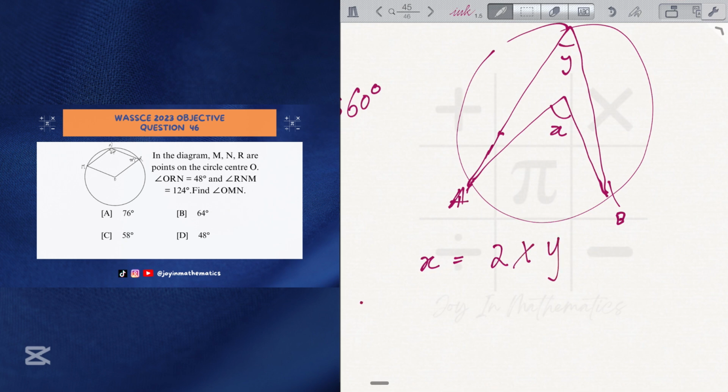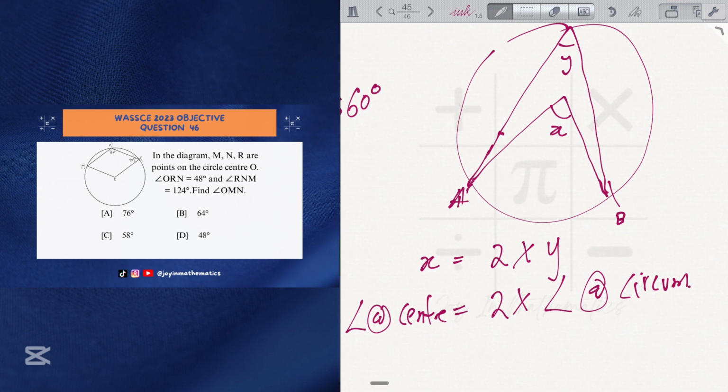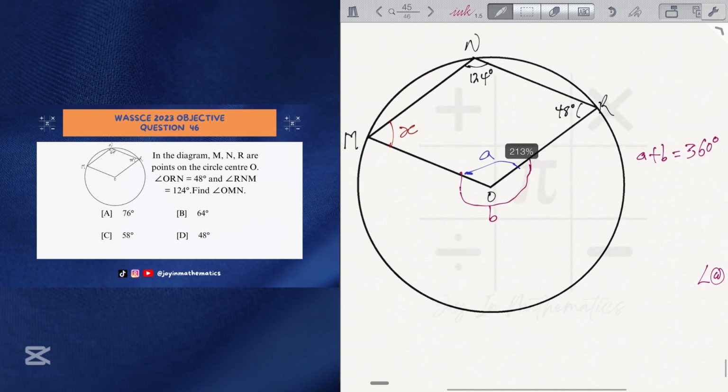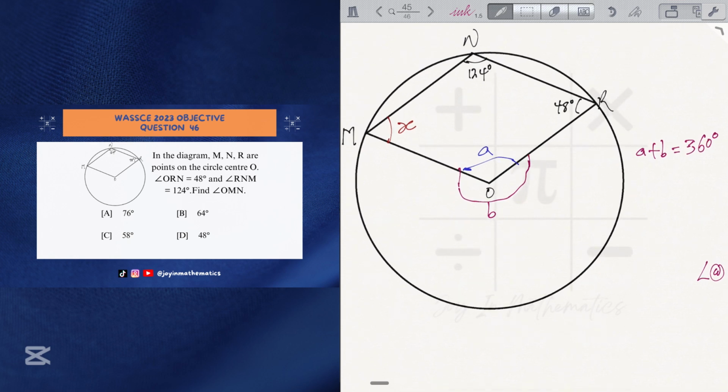Angle at center is 2 times angle at circumference. That's circle geometry. So now let's apply this. We have an arc MR. This arc is called the major arc. This major arc subtends an angle of B to the center.